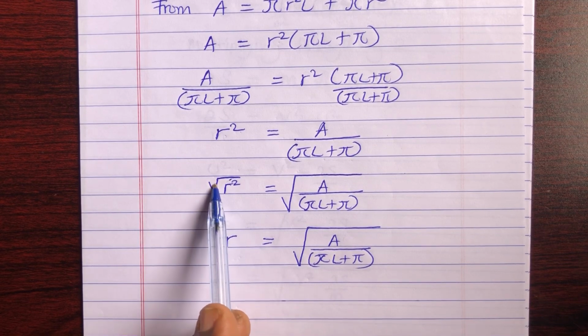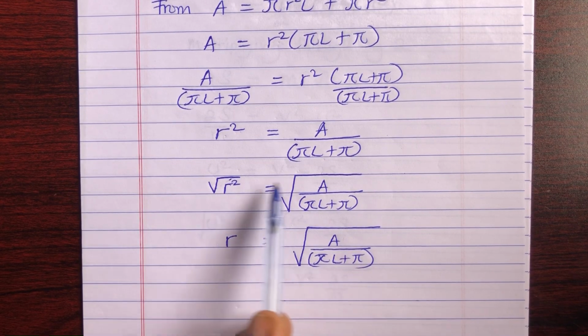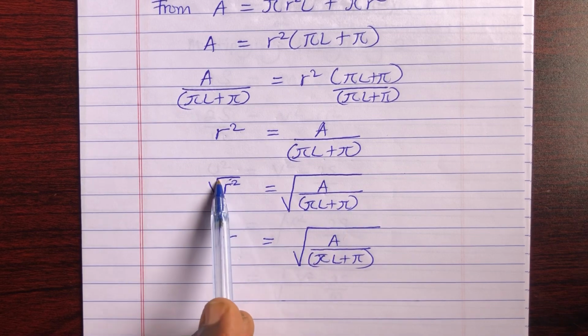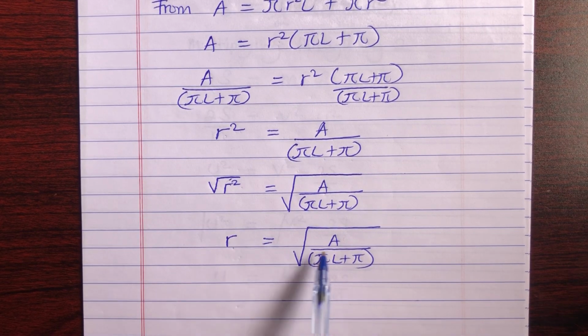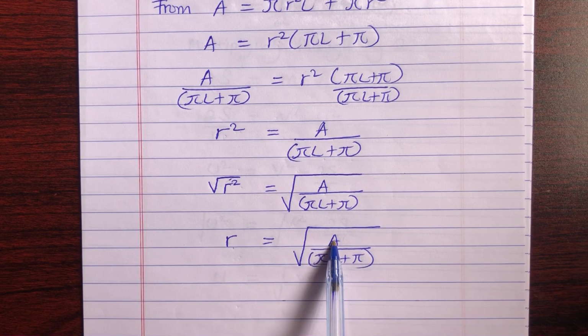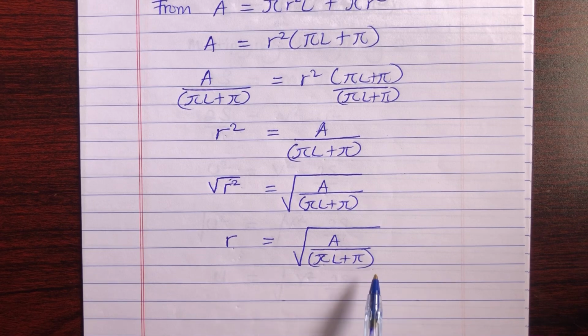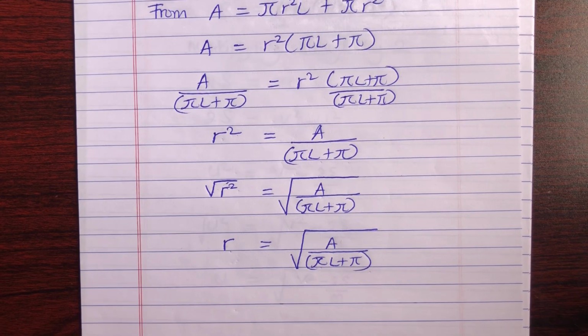We introduce the square root on both sides, so that the square root reduces the square to remain with r equaling to the square root of a over the bracket of pi L plus pi. So that is our final formula after making r the subject.